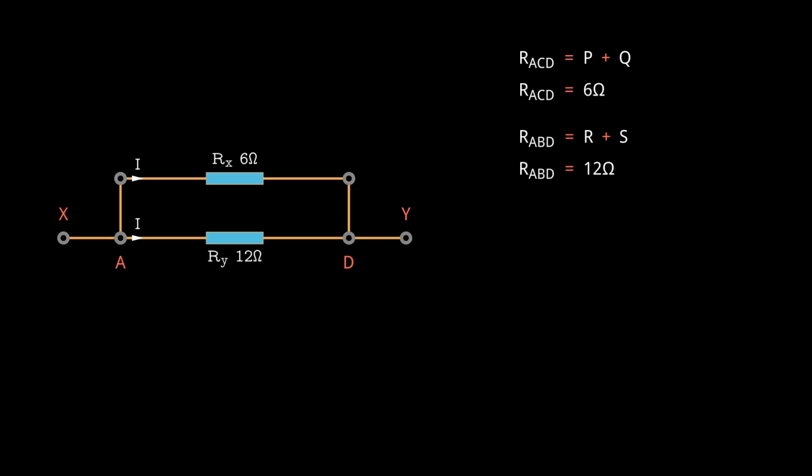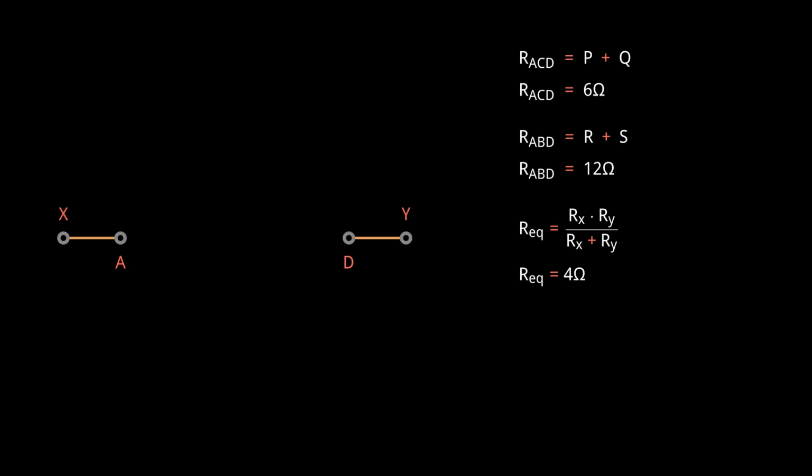Next, the 6 ohm and 12 ohm resistors are in parallel. To find the equivalent resistance of two resistors in parallel, we use the following formula. Finally, we obtain 4 ohms as the equivalent resistance between points X and Y.